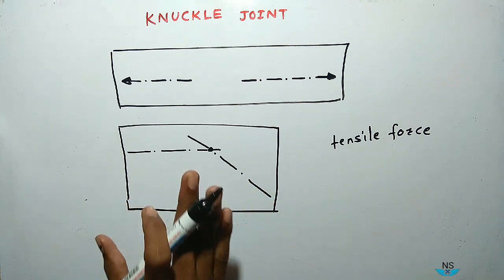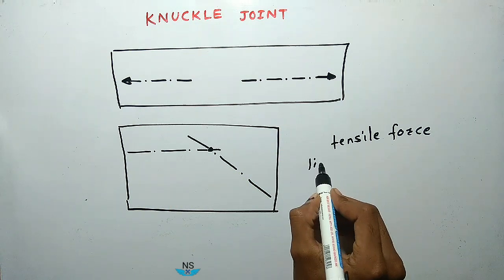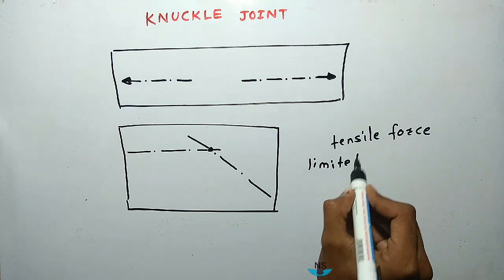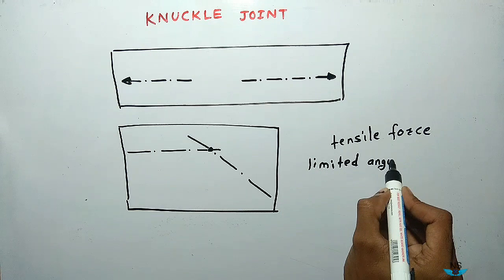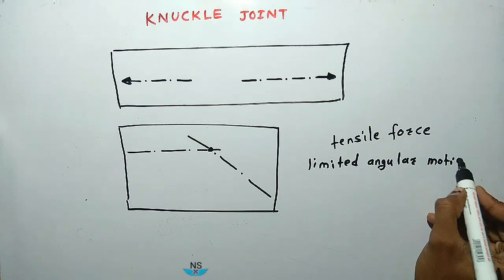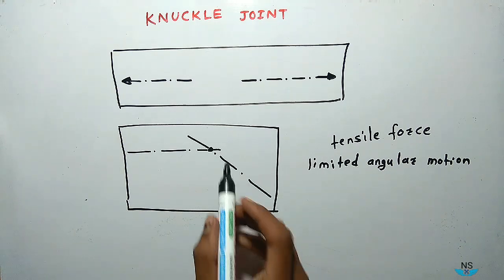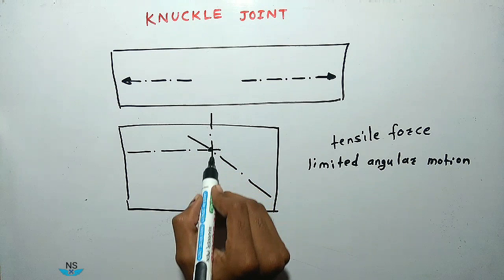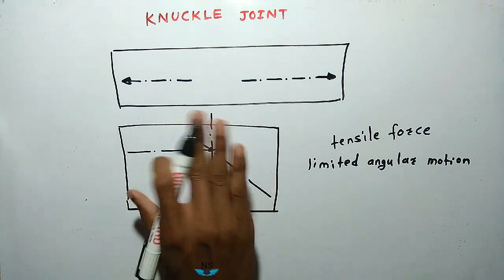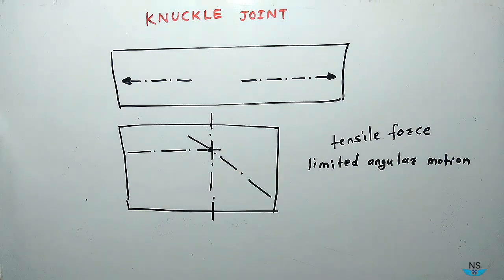So the construction of this joint permits limited angular motion between rods about the axis of the pin. So if this is the axis of the pin, about this axis the angular movement of the rod is permitted.